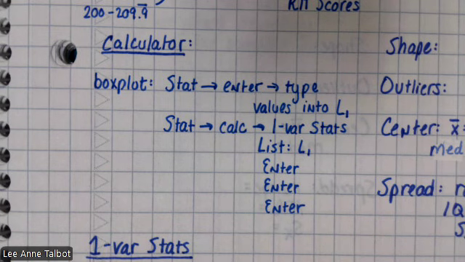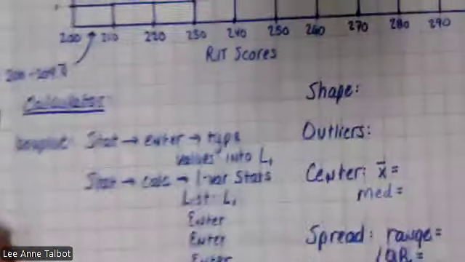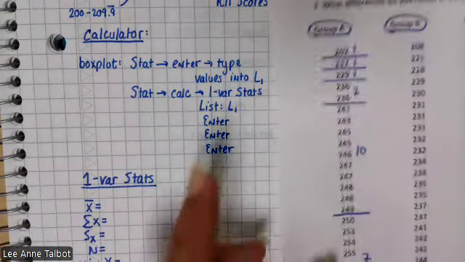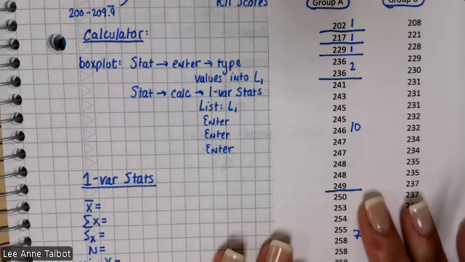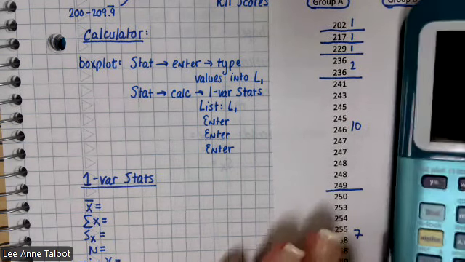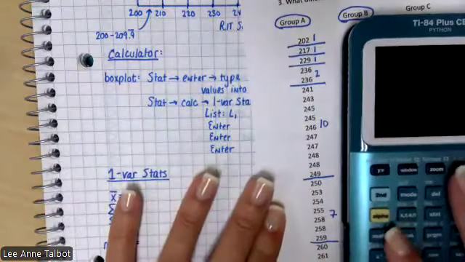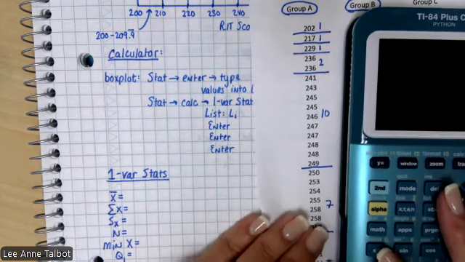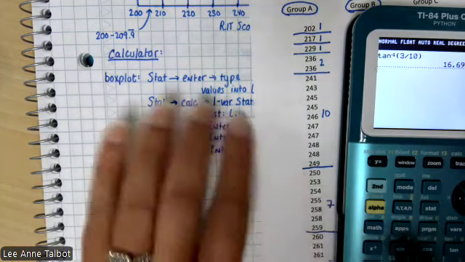Okay, so what I want you to do is scoot your notes aside and grab this. We need to go slow because this is, again, probably the most complicated thing you've ever done on a calculator.